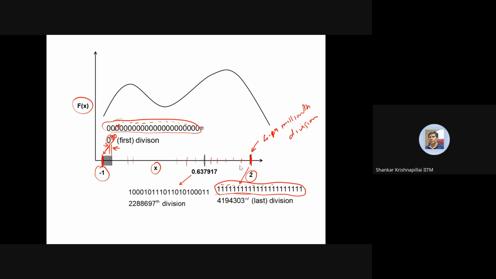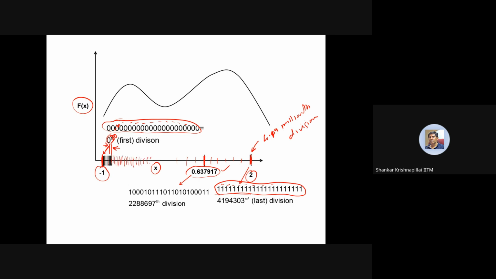For example, suppose this particular division is here. Its decimal value is 0.637917. How do you represent it as a binary string of 22 bits? You have to start counting from here, to find which division this is.